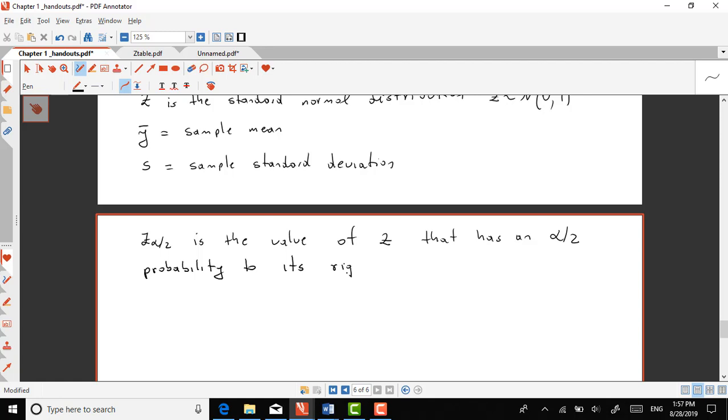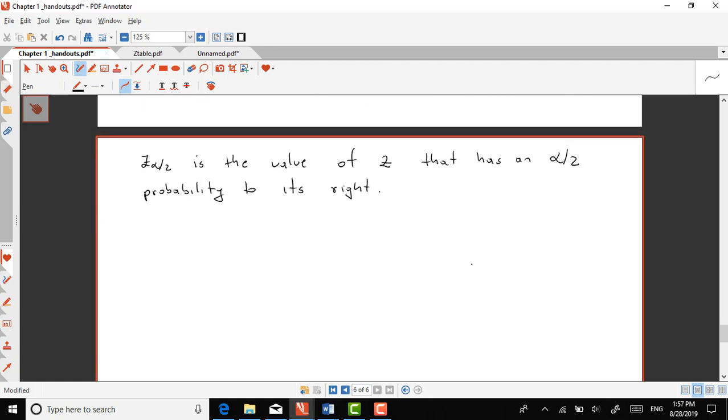I know that sounds complex, but I'll do a graph. In a second I'm going to show you a graph and you will see that it's quite simple. And probably you remember from your basic stats class, you have these tables for the Z distribution, for the T distribution. So part of the objective here is to remind you how you use those tables.